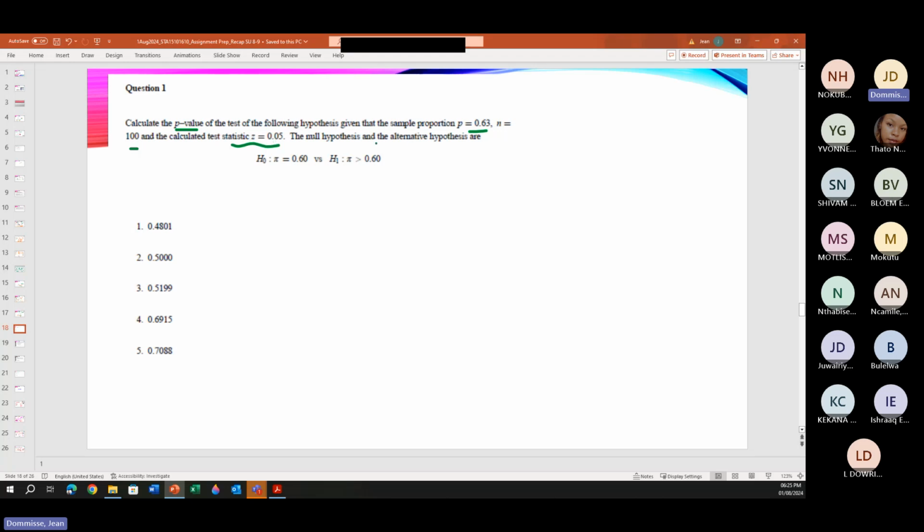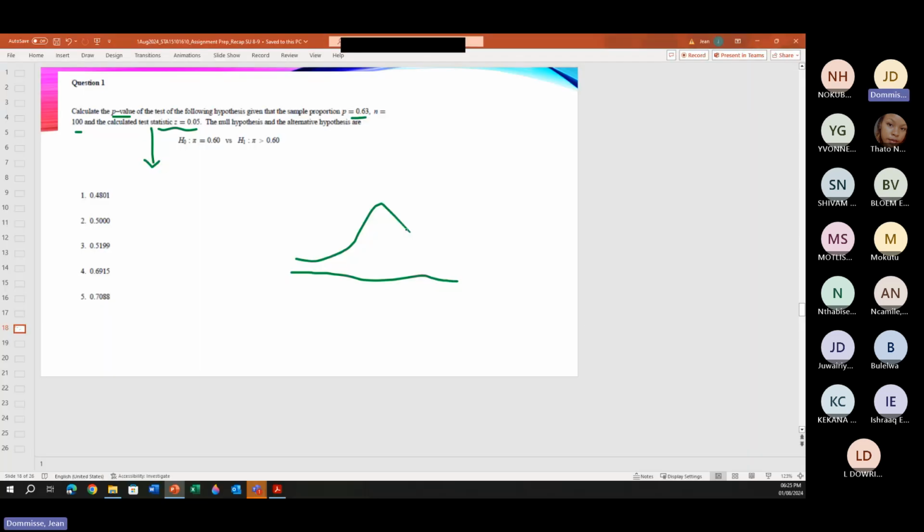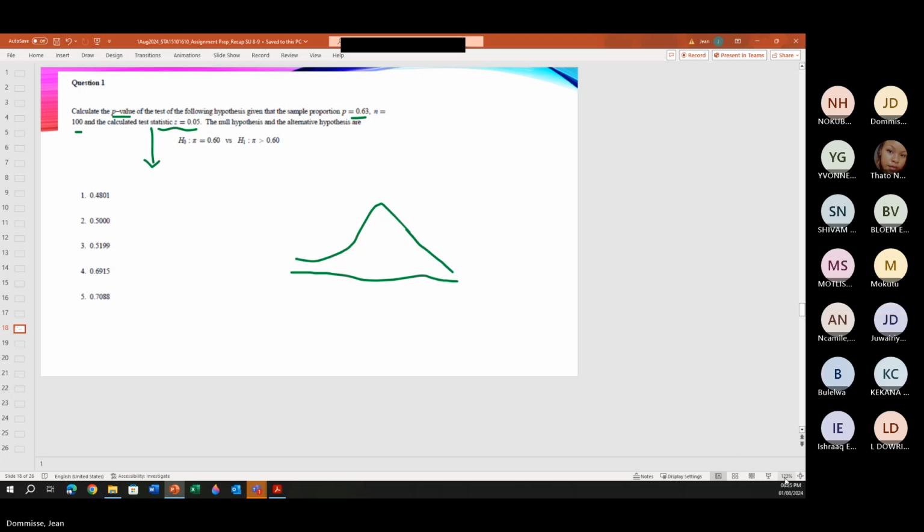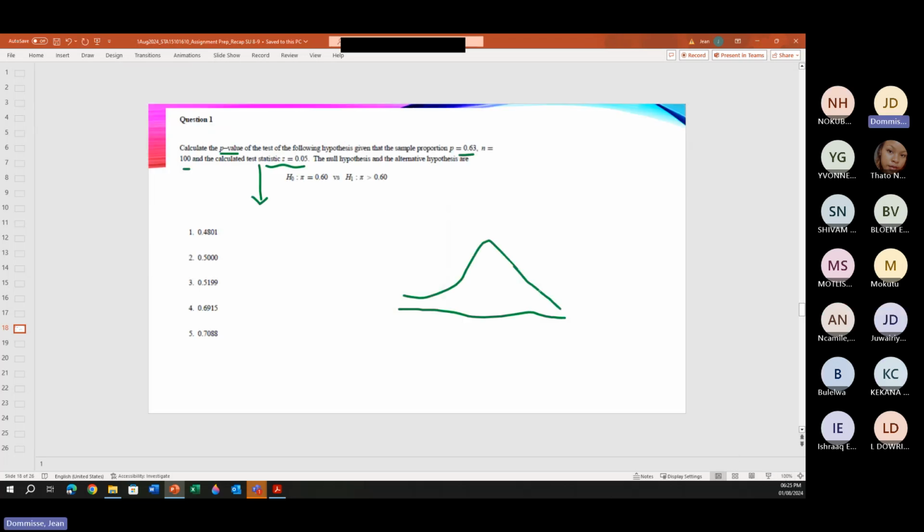And then they give us the population proportion as well. Okay, so they give us the z value, so we can go to the z table almost immediately. Let's look at where that z is.